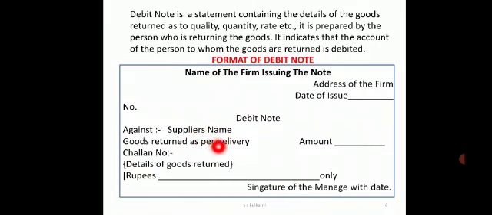Then the invoice number under which the goods are returned, called the challan number, and the amount or quantity of goods have to be written here. Then the reasons why the goods are returned have to be written, and the amount should be stated in words, and lastly the date has to be written along with the sign of the manager. So this is called a debit note.